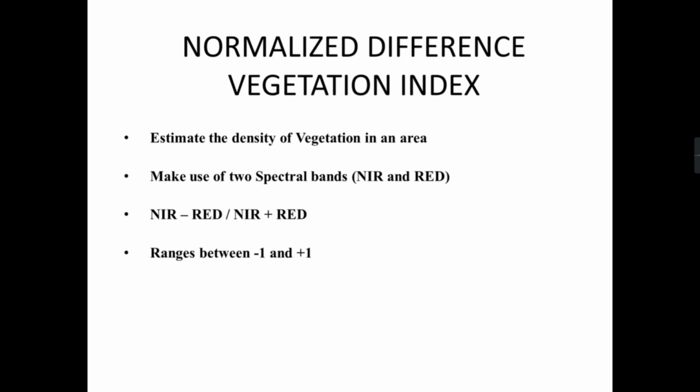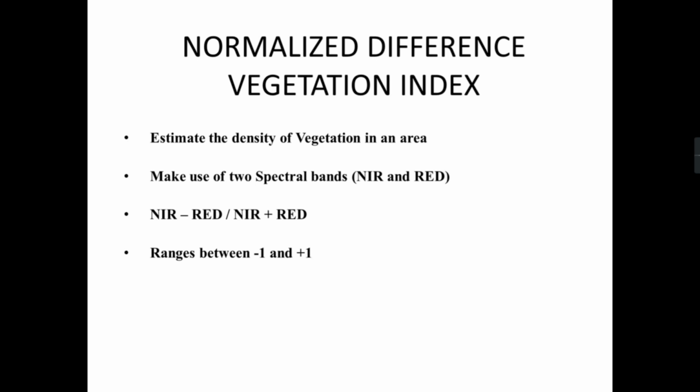This is the formula which we use to compute the NDVI. It is the near infrared band minus the red band, divided by the near infrared band plus the red band. Using this formula, you'll get values for an area of interest, and these values will range only between -1 and +1.